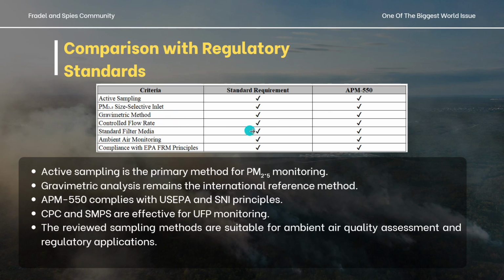The controlled flow rate already fulfills the standard equipment requirement with the APM 550. For standard filter media, the standard equipment requirement is fulfilled with the APM 550.